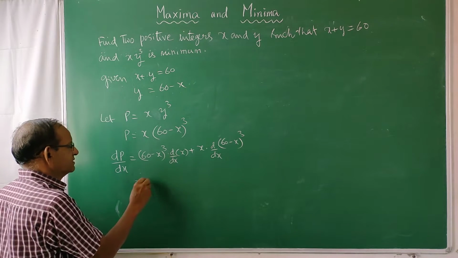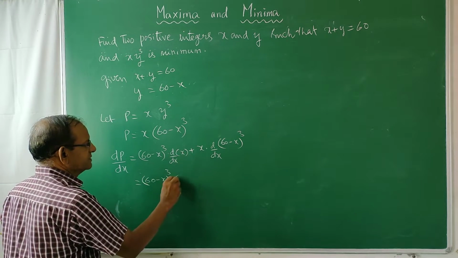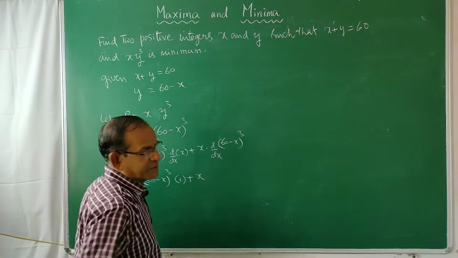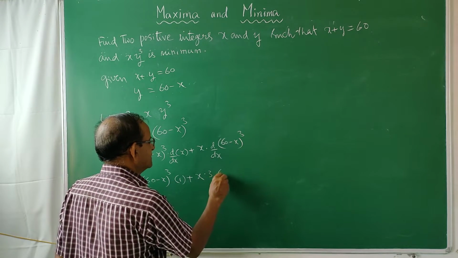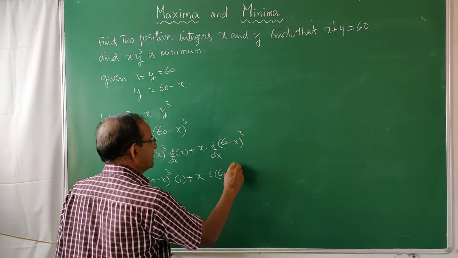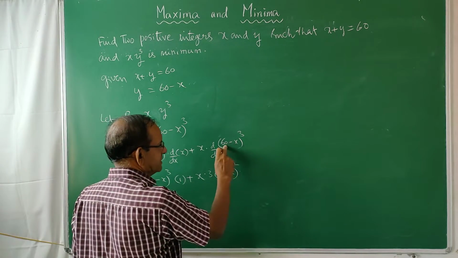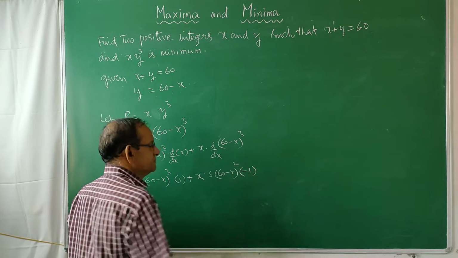So 60 minus x whole cube into 1, plus x into, chain rule we have to use, 3 into 60 minus x whole square into the derivative of 60 minus x. The derivative of 60 is 0 and of x is 1, so 0 minus 1, that is minus 1.